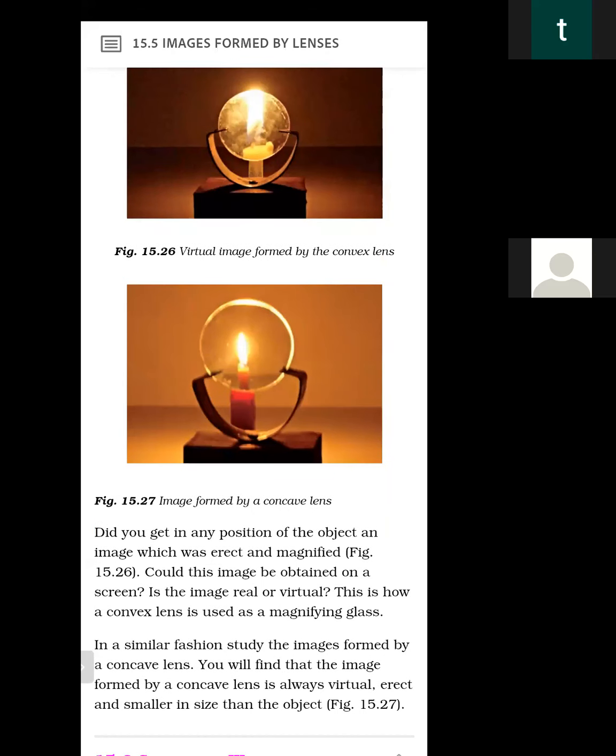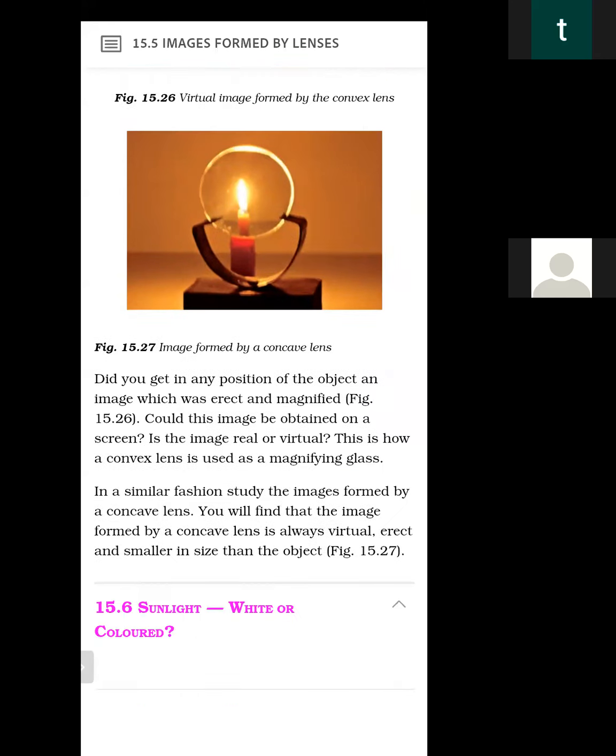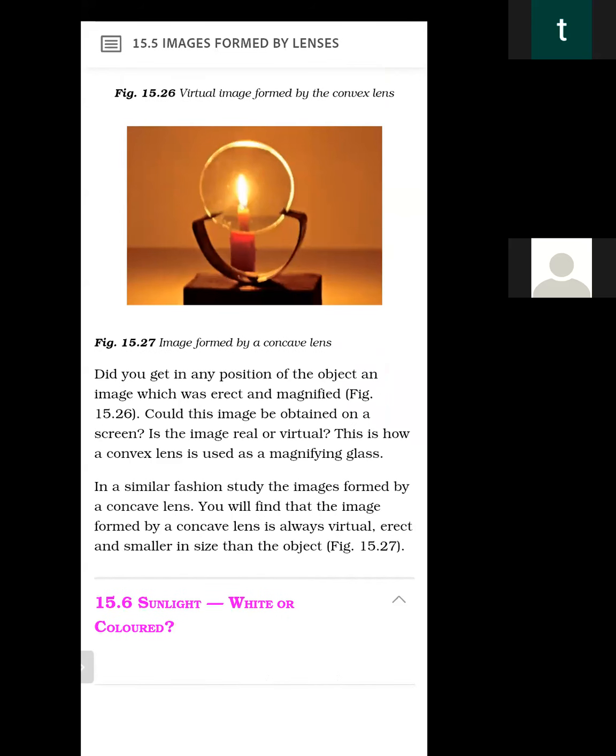No. A virtual image cannot be obtained on screen. If we are not able to obtain an image on screen, that image is virtual. If we can obtain an image on screen, that is a real image. This is how a convex lens is used as a magnifying glass.